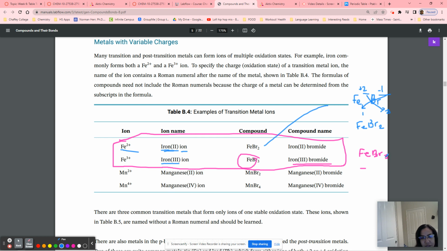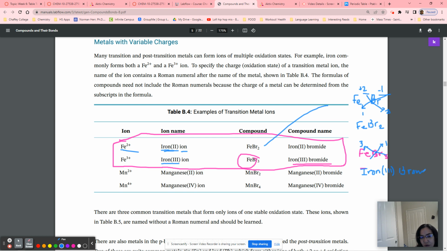And what that means is you're going to take this 3 and bring it up. And you'll notice there's no number there. That's the same as a 1. So you're going to bring that up. So now you know you're going to have iron 3 as your charge. So you're going to write iron, parentheses, Roman numeral 3, 1, 2, 3, and then bromide.